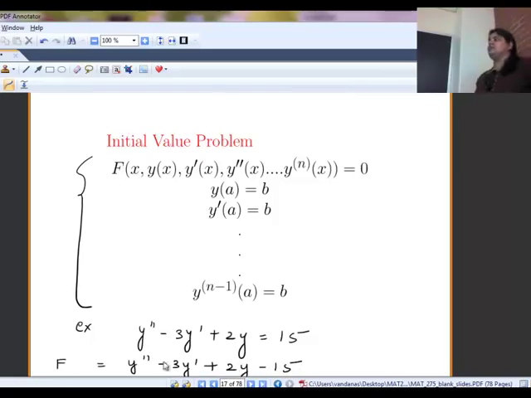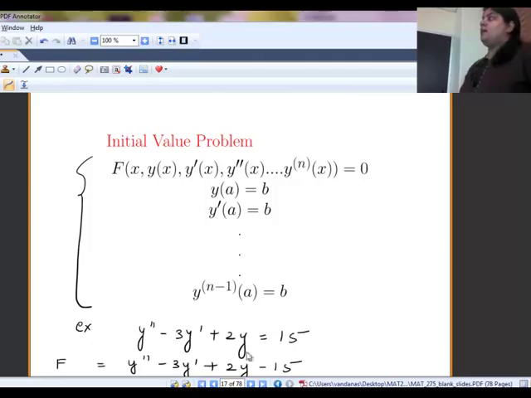Now there is a difference here. When I was proving linearity, I was taking f to be only the function which contains derivatives and y, but in this case it's the entire thing, because I am comparing it with this equation here. Now, about the initial conditions: how many derivatives are there in this general function? n derivatives.